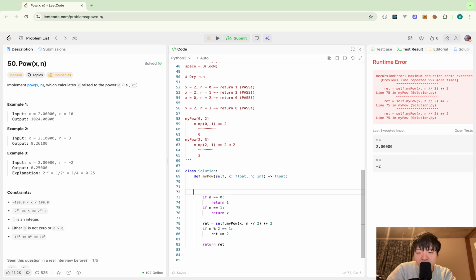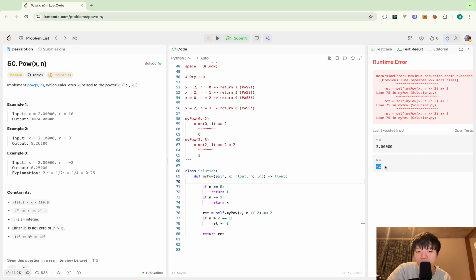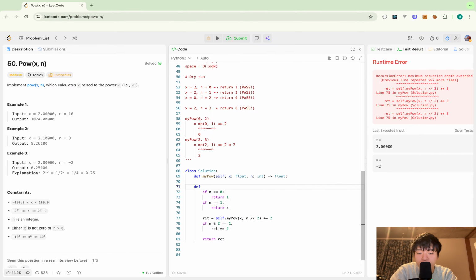So let me change this. If the power is negative, I should think of 1 divided by, like for 2 to the negative 3, it can be calculated as 1 divided by 2 to the 3. So I use the helper function, myPow with positive power, let's say myPositivePower.